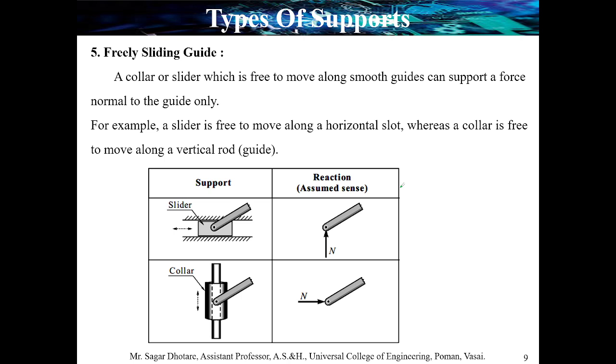If the slider is moving in the horizontal direction, always remember your reaction is vertical, because the vertical motion is restricted. Reaction normally occurs wherever the direction of motion is restricted. Now in the second example, the slider is moving in a vertical direction.